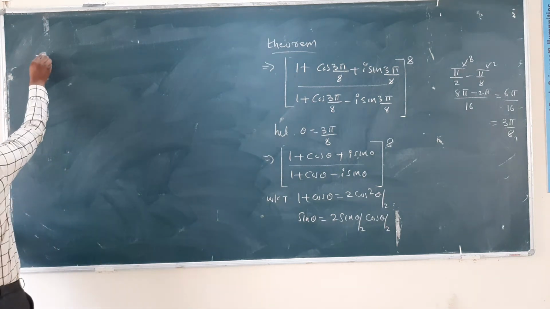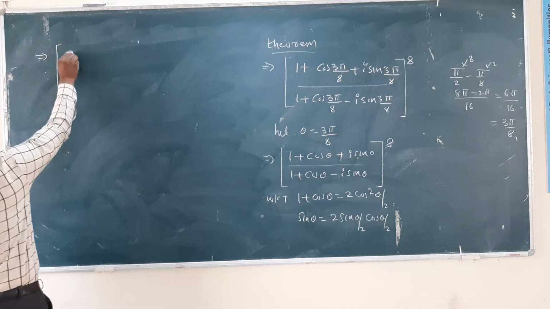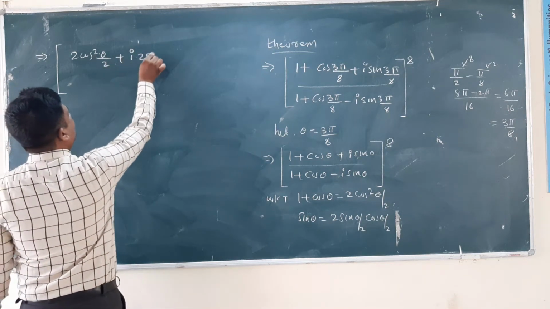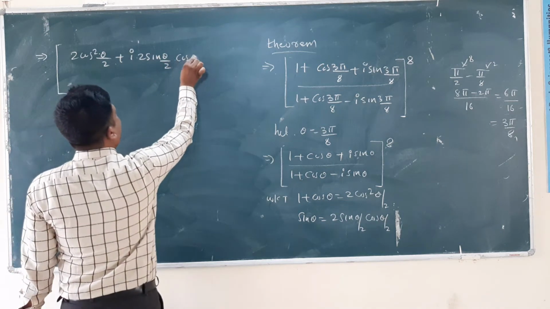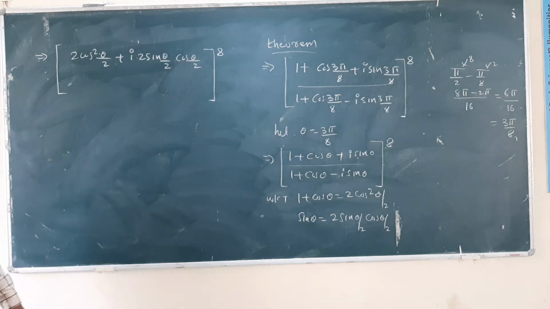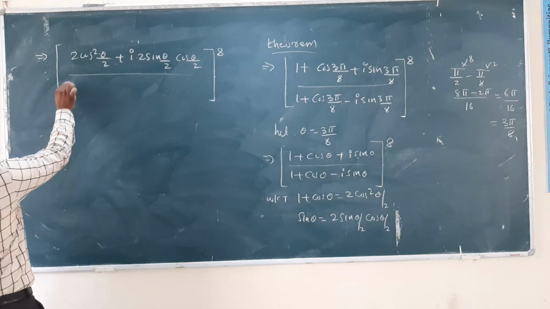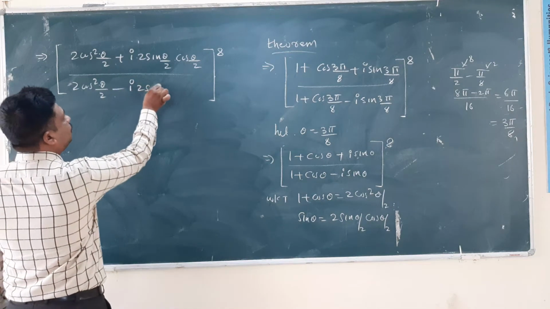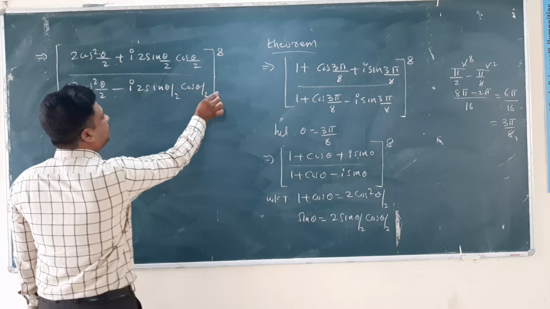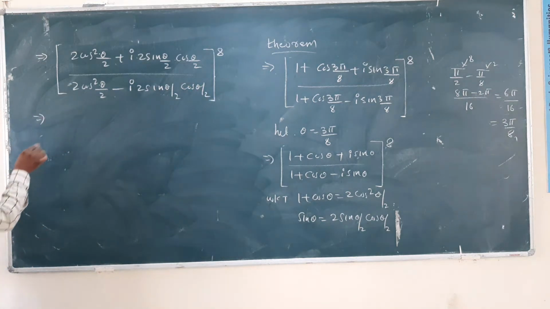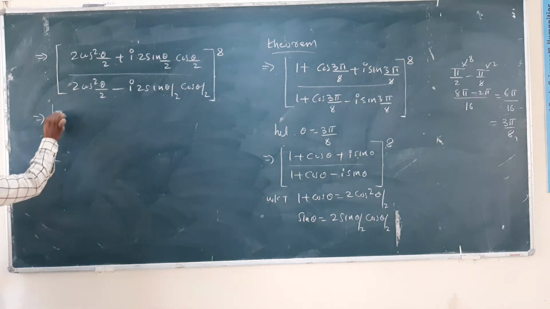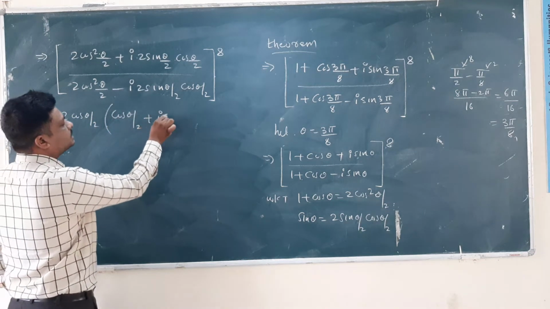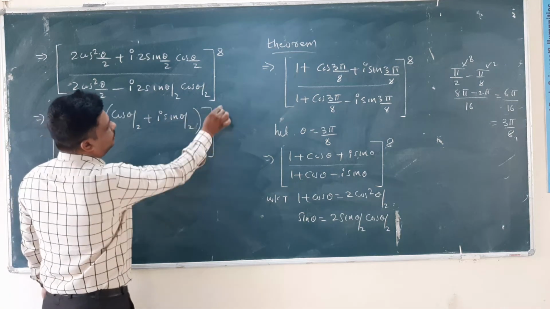So 1 + cos θ I will write as 2 cos² θ/2 plus i into 2 sin θ/2 cos θ/2, to the power of 8, whole divided by 1 + cos θ written as 2 cos² θ/2 minus i into 2 sin θ/2 cos θ/2. So in the numerator 2 cos θ/2 is common, remaining cos θ/2 + i sin θ/2 raised to 8.